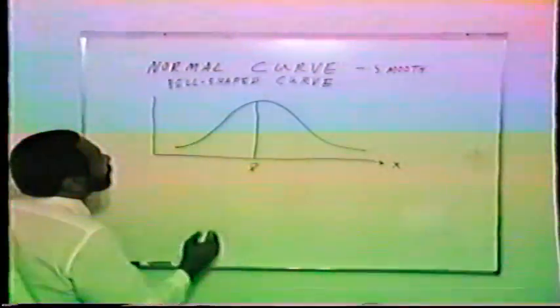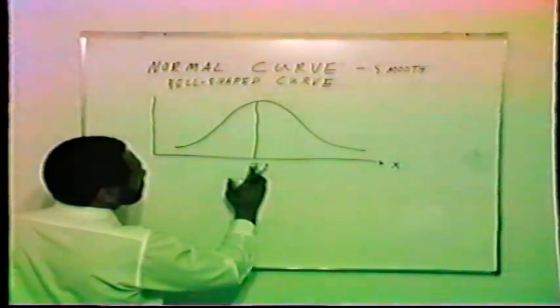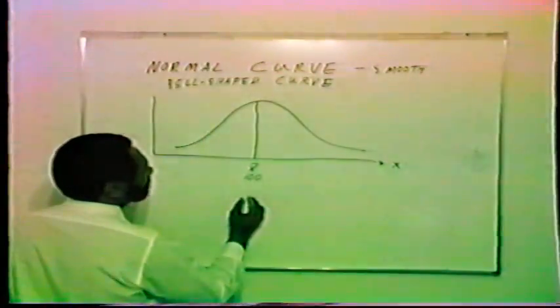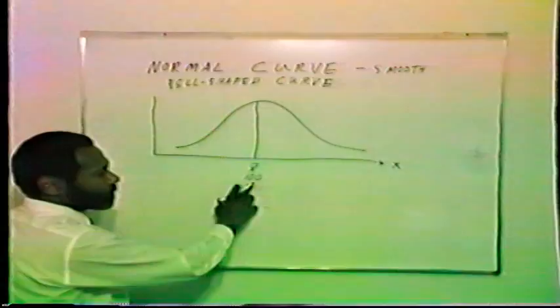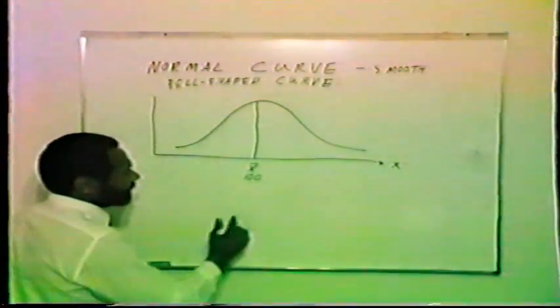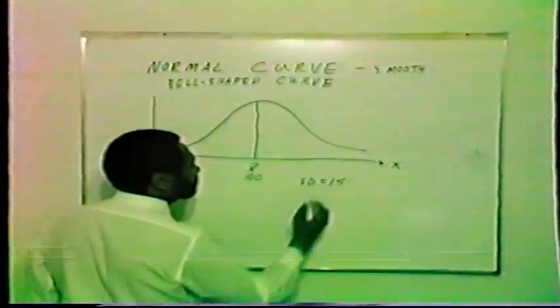And for the normal curve, the mean can be, let's say, 100. It might be some type of standardized test. The mean score might be 100. The standard deviation might be 15.